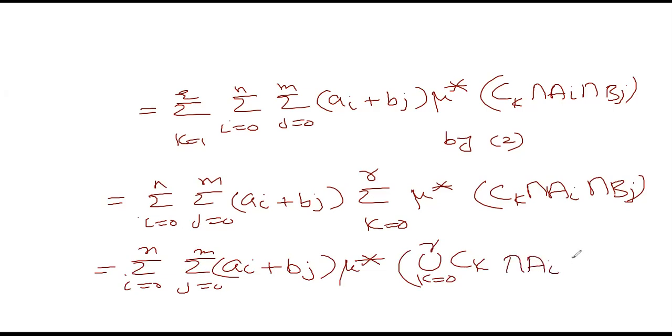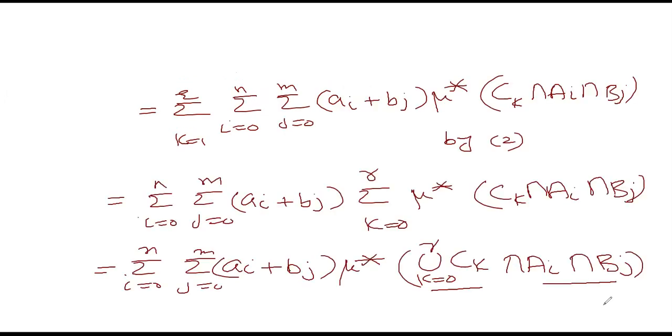But the union k runs from 0 to r of ck is equal to e, and each ai is a subset of e, and bj is a subset of e. So this intersection is also a subset of e. So it is just equal to ai intersection bj, because the ai's are all subsets of this union, and bj is also a subset of this union.